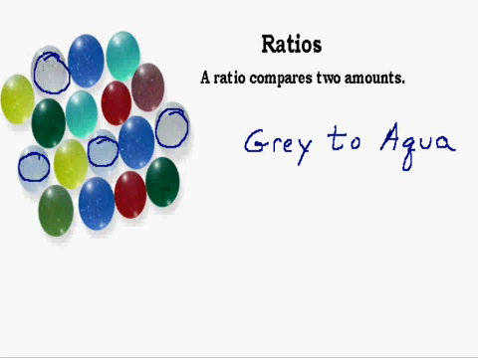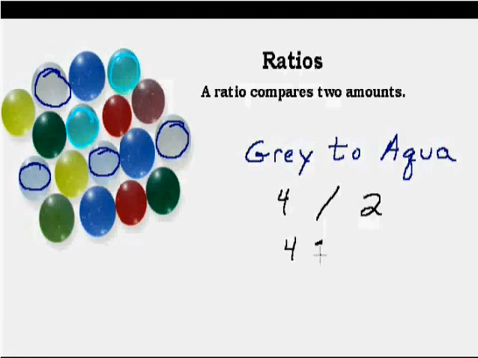These 4. And then the aqua ones are these guys right here. There's one more. There it is. Alright, so it looks like we've got 4 gray marbles and 2 aqua marbles. So we get 4 to 2.